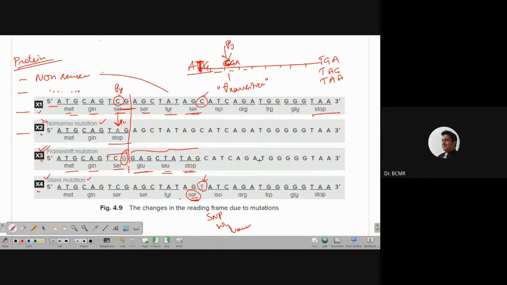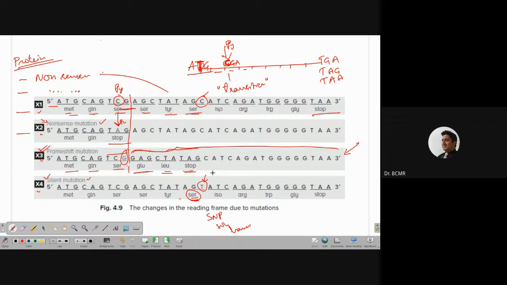Okay. So you have to remember, with frame shift mutations, insertions of a few bases that are not multiples of 3 within an open reading frame will change the reading frame downstream. Because the ribosome always reads in triplets, and each of them is a codon.